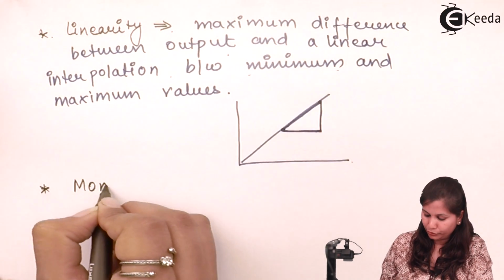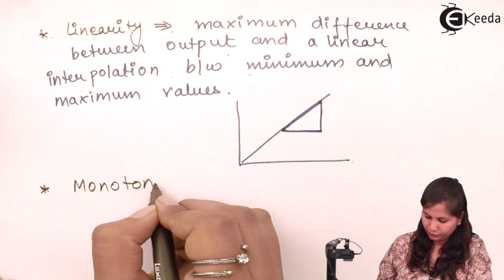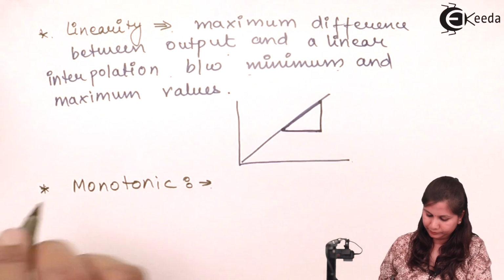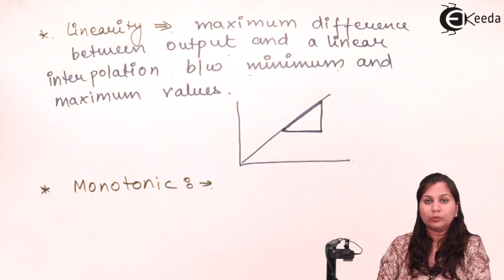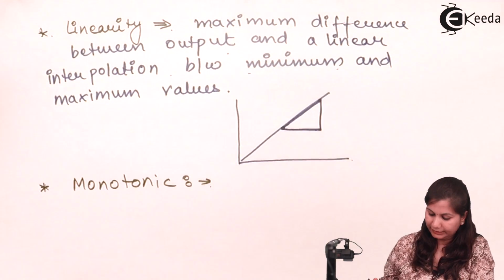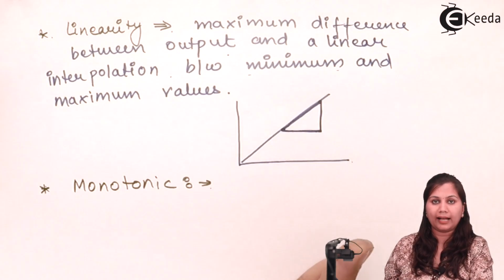Next is monotonicity. A converter is said to be monotonic if an increase in the digital input causes the same increase in the analog output.